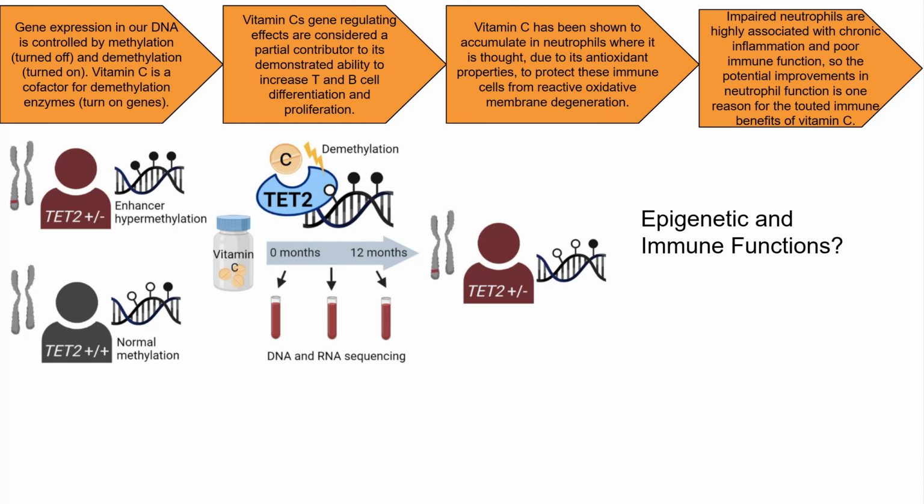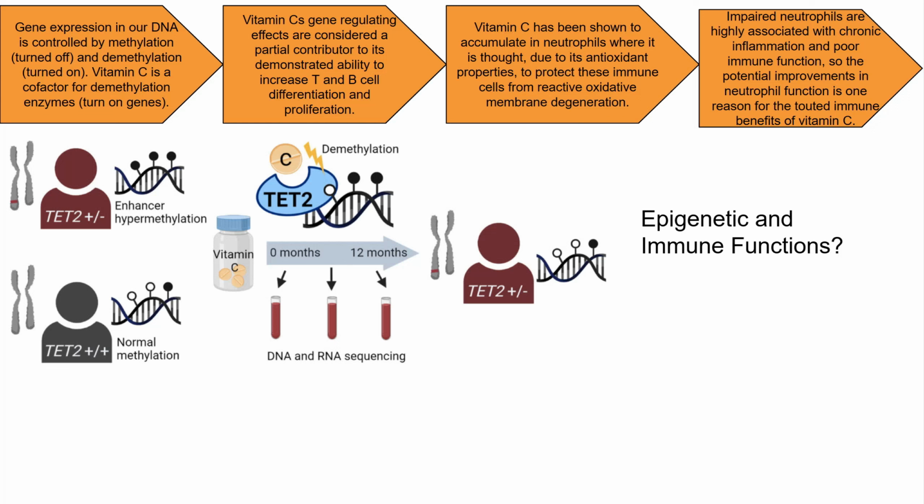As described in previous vitamin videos, gene expression uses methyl groups to turn off a gene and demethylation to turn on a gene. Vitamin C is a cofactor for demethylation, or turning on genes. Vitamin C's gene regulating effects are considered a partial contributor to its demonstrated ability to increase T and B cell differentiation and proliferation.